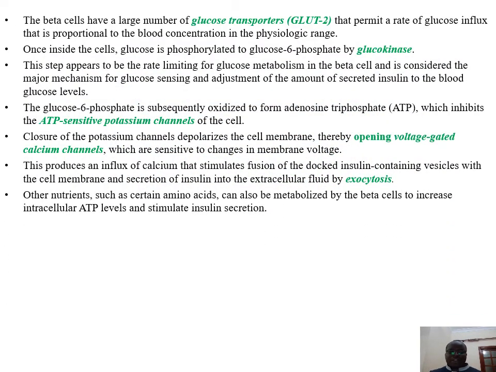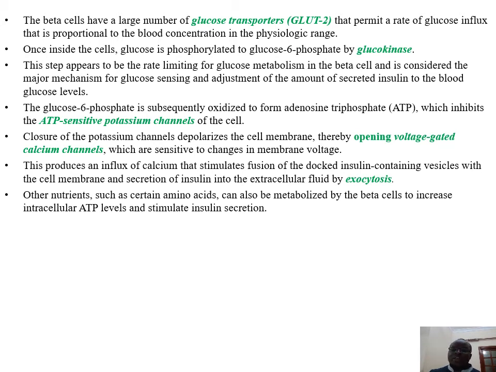Okay, we make progress. Other nutrients such as certain amino acids can also be metabolized by the beta cells to increase intracellular ATP levels and stimulate the insulin secretion. So other nutrients such as amino acids can also increase the secretion of insulin by increasing the intracellular ATP.